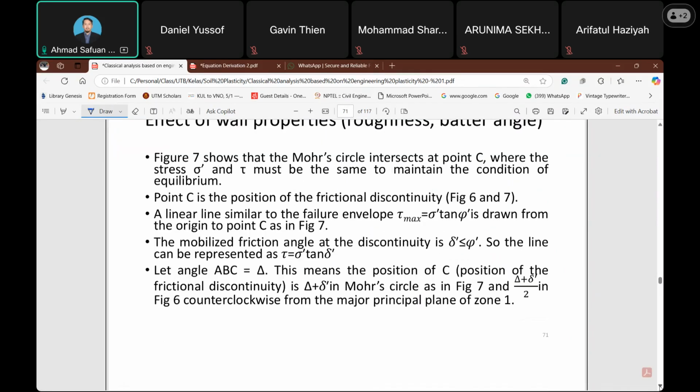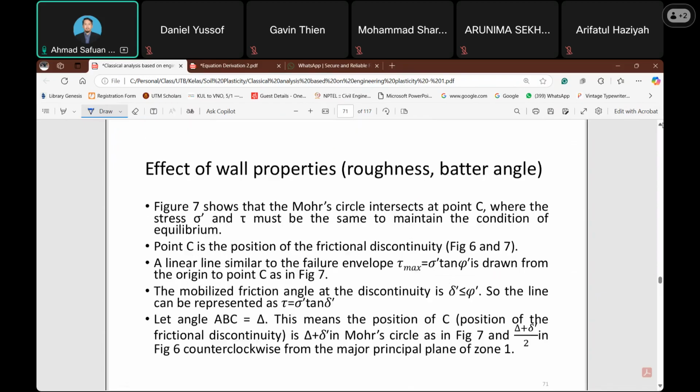For example, figure 7 shows the Mohr circles intersect at the point C. So look at the diagram and at this statement. Where is the point C? Point C is located here.